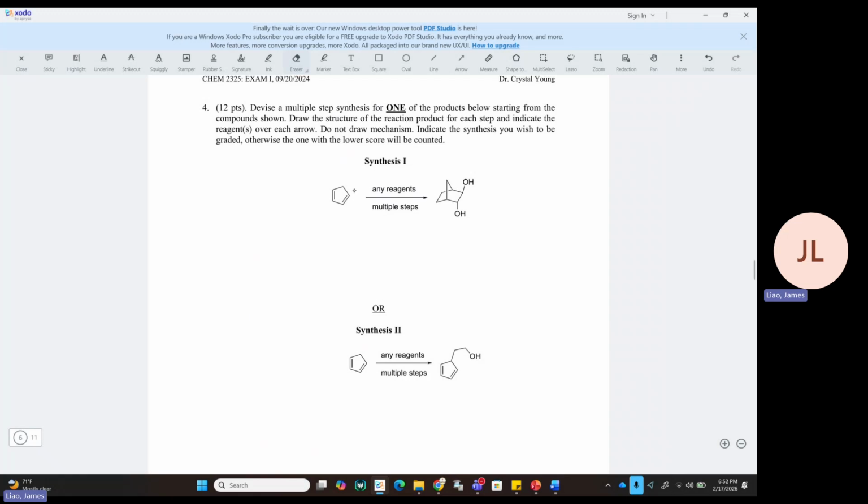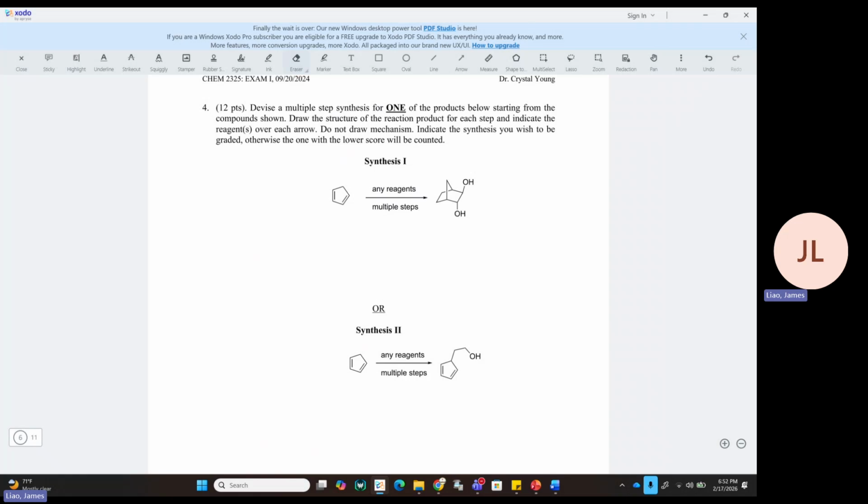The first one we have here is cyclopentadiene. We're going to use any reagents and multiple steps to form a bicyclic compound with two alcohols, anti to each other. What I do know when it comes to cyclopentadiene and forming these bicyclic compounds is that I need some kind of molecule that would form that bicyclic at first.